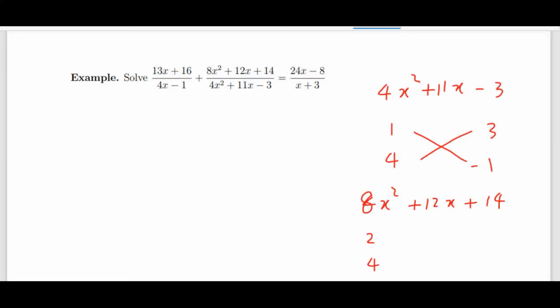Either 2 and 7 or 7 and 2. 2 and 7 this way is okay, the same is not okay, and 7 and 2 is not okay. So let's see whether this one, 8x squared plus 12x plus 14, can be simplified.